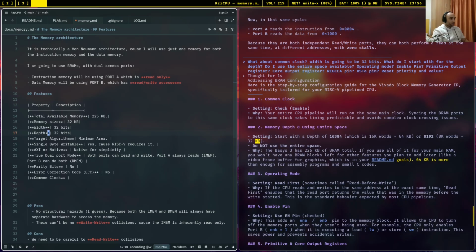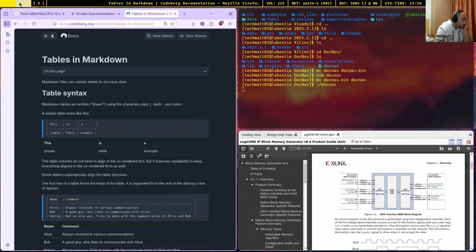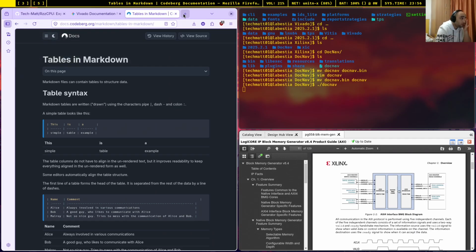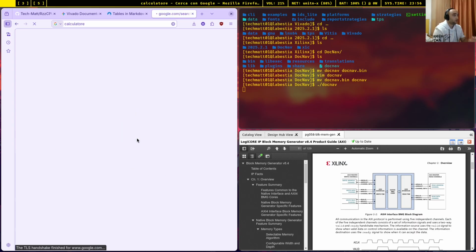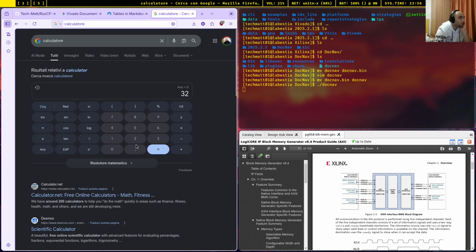Depth. Well, to make 32 kilobytes, we need... So we have 32 bits, which are 4 bytes. So to make 32 kilobytes, we need to take the logarithm.